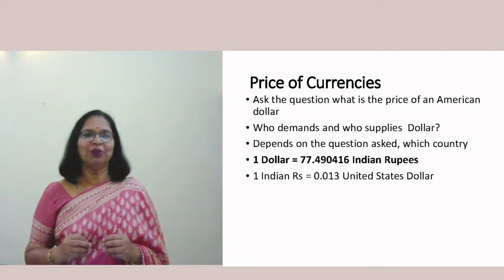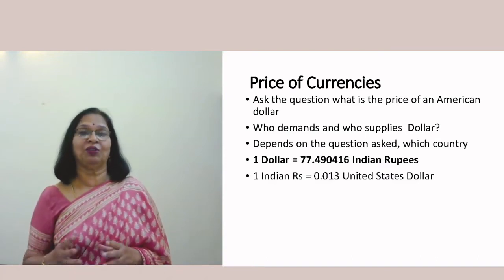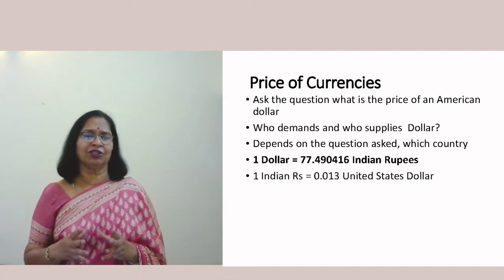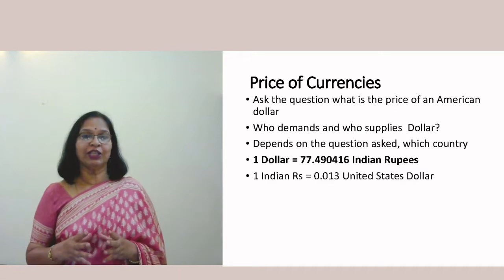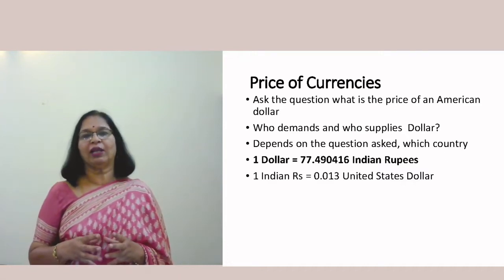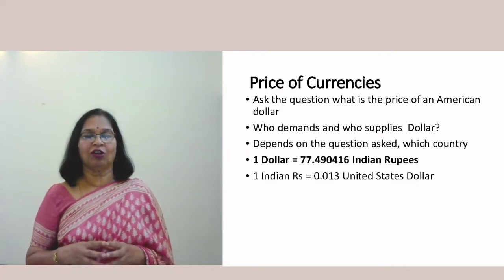Now 1 unit of rupee will give us only 0.013 units of dollar. Since US currency is a stronger currency and the US economy is a stronger economy, invariably we find out the rate of exchange of rupee in terms of a dollar.